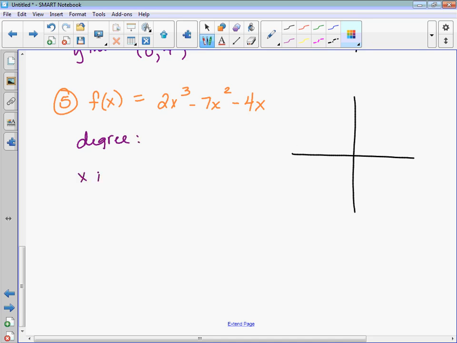Degree, x-intercepts, y-intercept. Factoring will take you a minute, I realize.